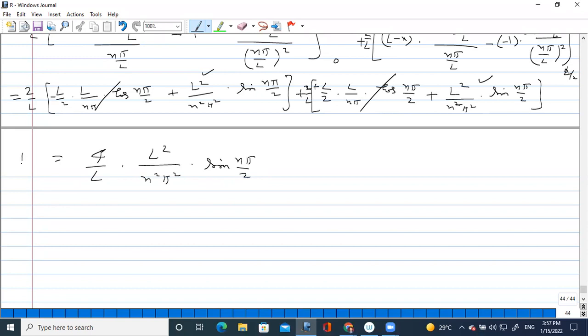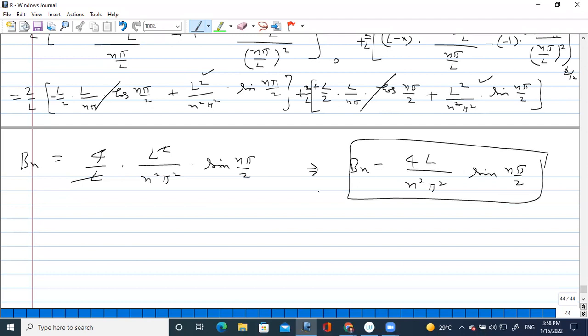Okay, so this is the value of Bn. So L to L cancel. So the answer is Bn is equal to 4L by n square pi square sine n pi by 2. Okay, so put this value in equation 1.